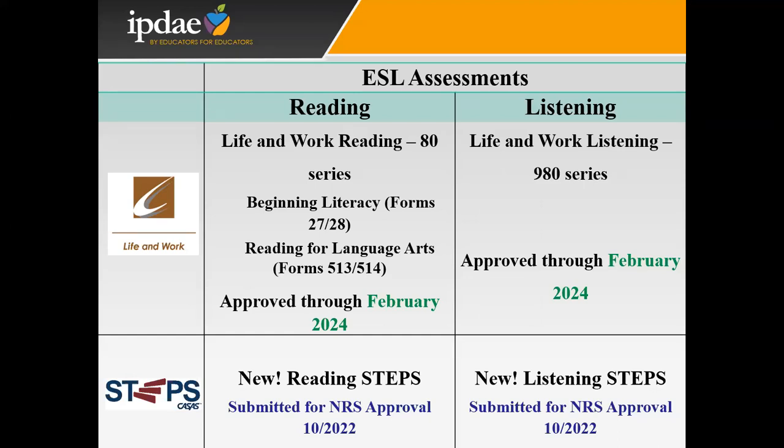STEPS assessment is aligned with the English Language Proficiency Standards, the ELPs, for adult education, and includes 5 test levels to support improved accuracy, resulting in better student outcomes. But this is still pending approval, but we will be using this in the near future. Okay, that's the CASAS STEPS assessment.